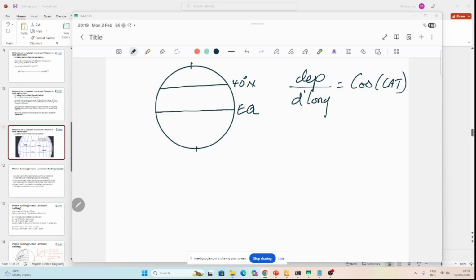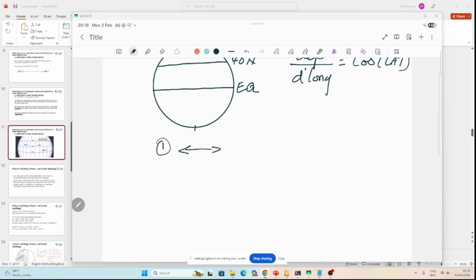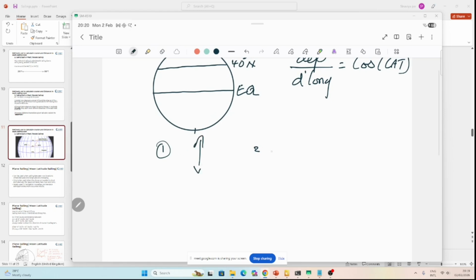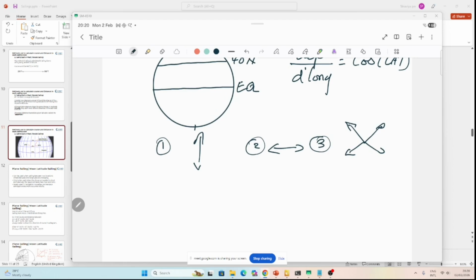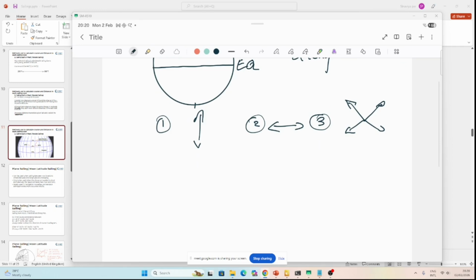Now, if you can remember, I was talking about three types of sailing. The first type was you are going north and south, then the second type was east and west. Then the third type was northeast, northwest, southeast, southwest sailing.